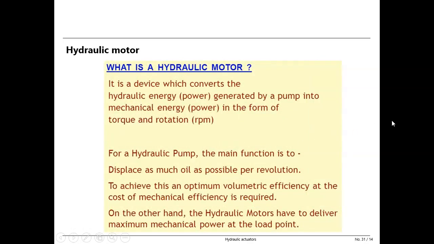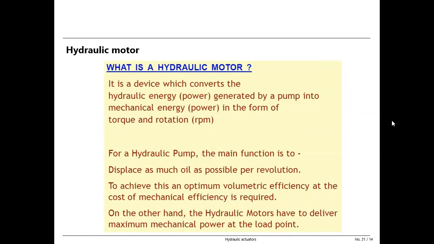What is a hydraulic motor? It's a device which converts the hydraulic energy, that means power generated by the pump, into mechanical energy, in the form of torque and rotation, that means RPM.